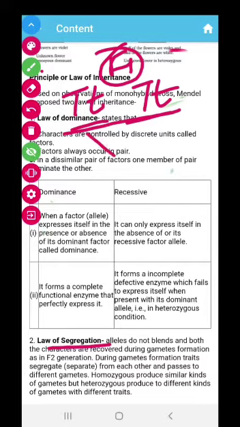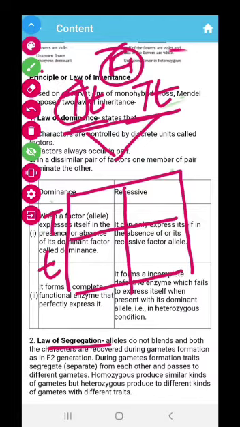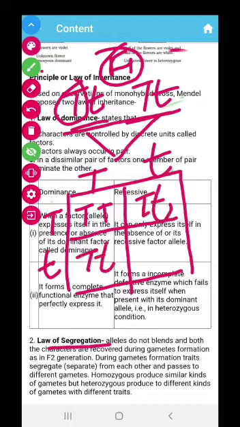So when he crossed them both, again I make the Punnett square, they produced two types of gametes now. One pollen grain contained capital T and another pollen grain contained small t. In the same manner, one egg cell of the female contained capital T and one small t. And now after selfing, he got capital T capital T one child, capital T small t two children, and small t small t one child.